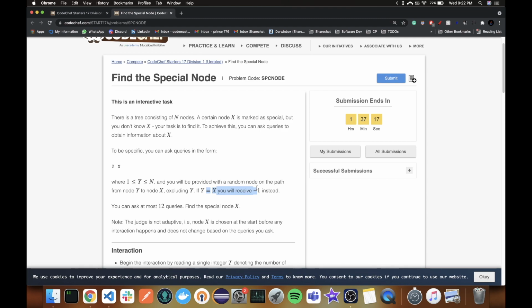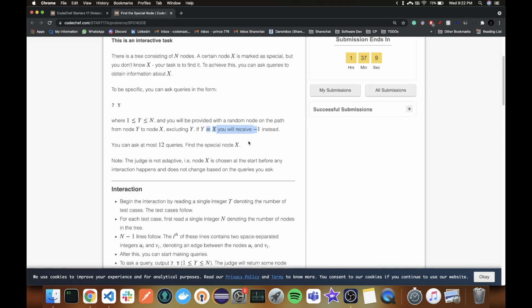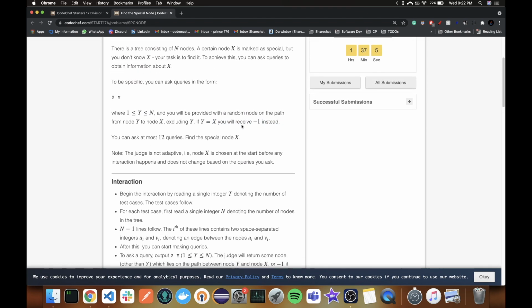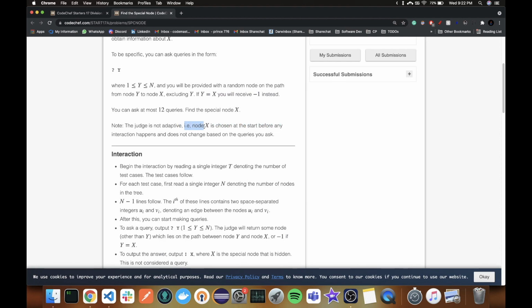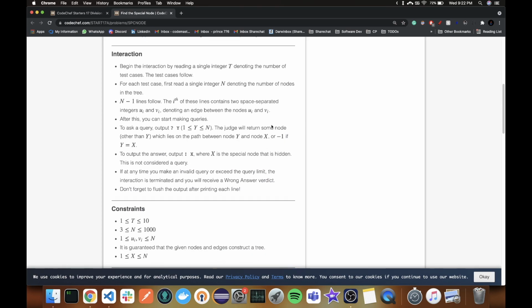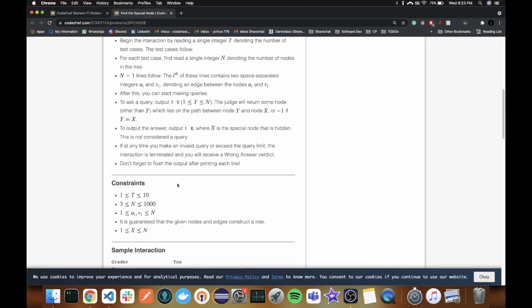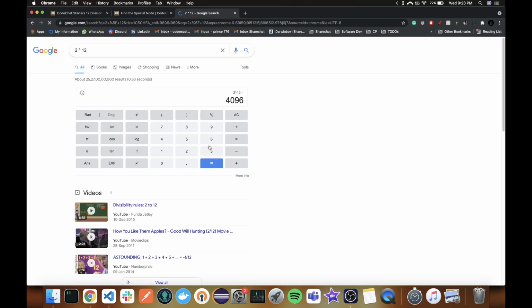We can only ask 12 queries at maximum. What is n? And if we get -1, that means we are at the correct one. It's not adaptive. x is chosen already. I have n is 1000. 2 to the power 12 is this. Okay.